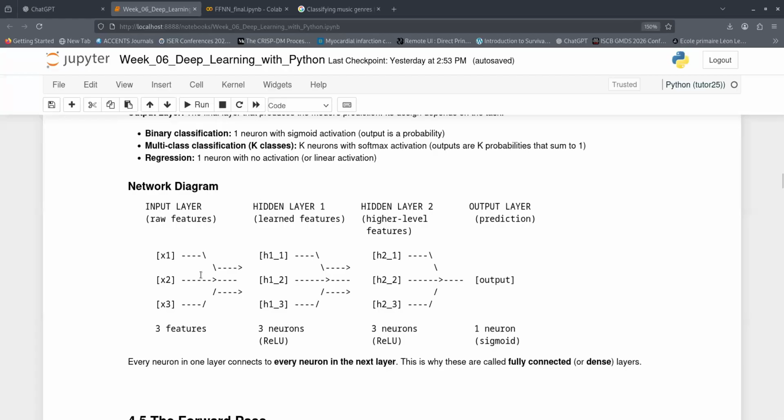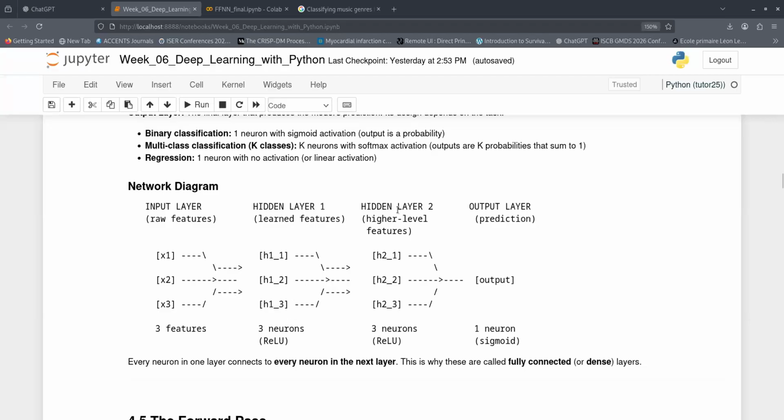So this is just the diagram. I have 3 features, and for these 3 features, there is something hidden here. For each arrow that you see, there is a weight attached. To be connected to this hidden layer, these are what we call the learned features. So you have 3 neurons for hidden layer 1.